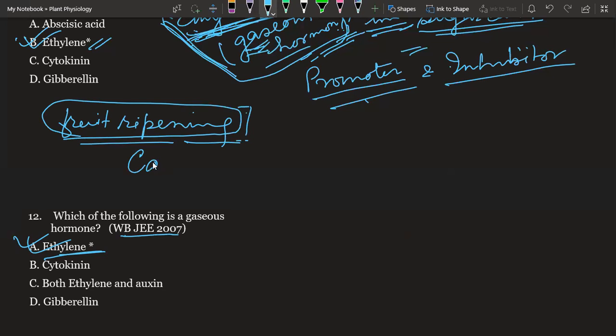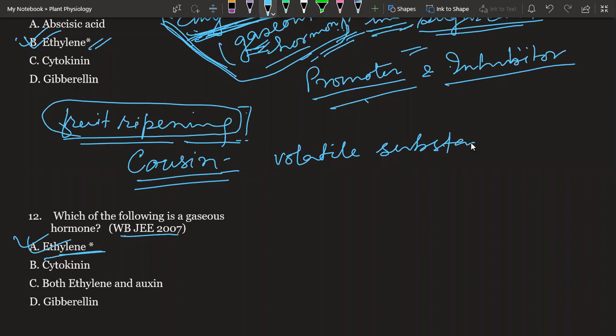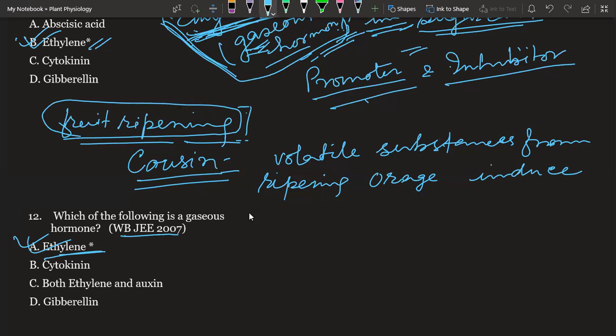One physiologist observed that some volatile substances from ripening orange induce ripening of banana.